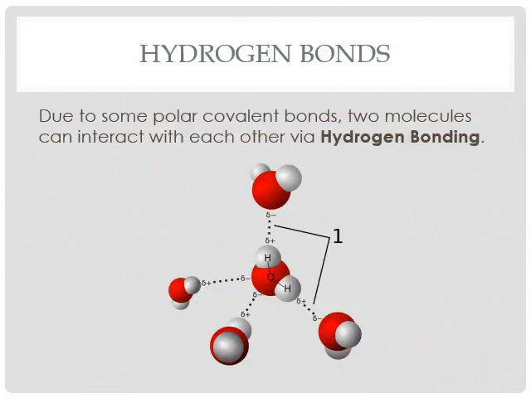And that's where we talk about hydrogen bonding. When you have 2 molecules interacting with each other, one way that they do that is hydrogen bonding, where the hydrogen in one molecule, in this case it's water, has a slightly positive charge on that side, and the oxygen on another water molecule has a slightly negative charge.